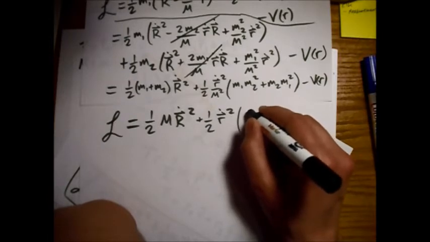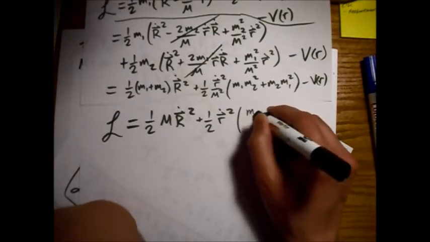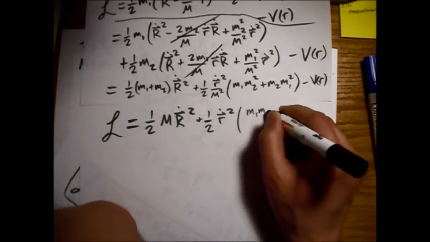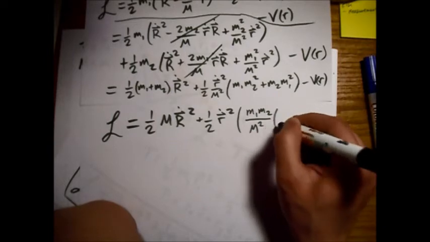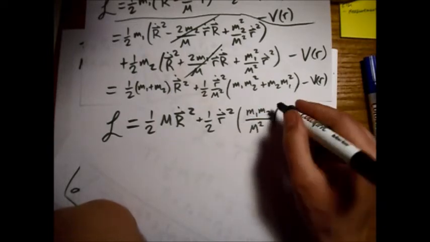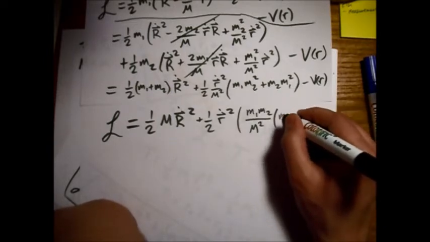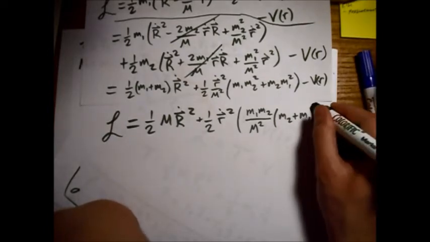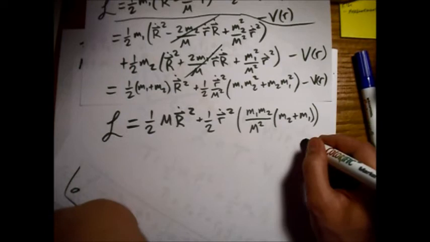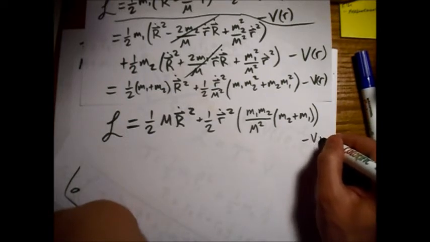We can factor out an m1 m2 over big M squared. And then here we just have an m2 plus m1, something like that, and then minus our V of r.